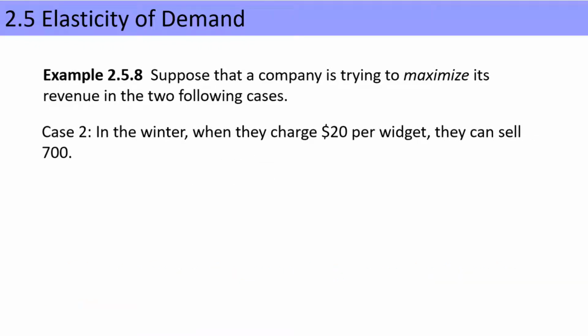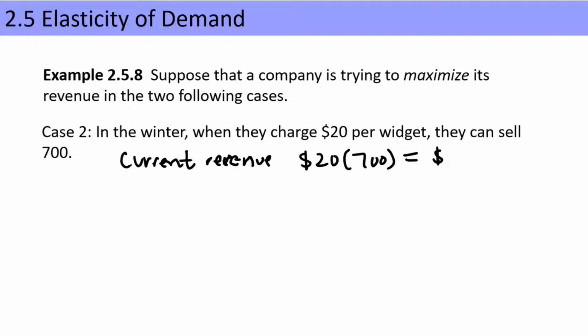Now let's consider the winter case when they charge $20 per widget. So the current revenue would be $20 times 700, product of which is $14,000 in revenue.